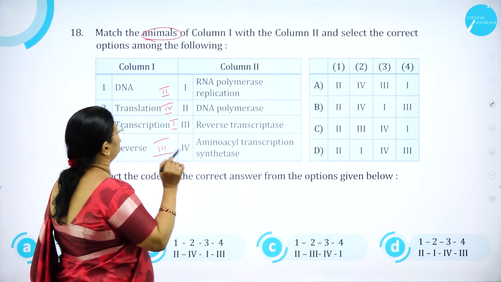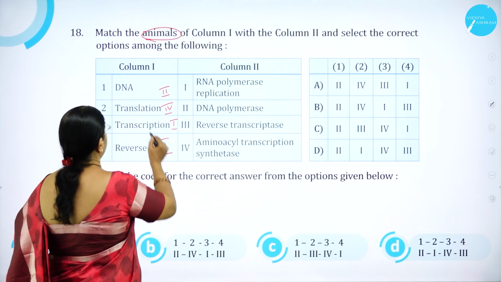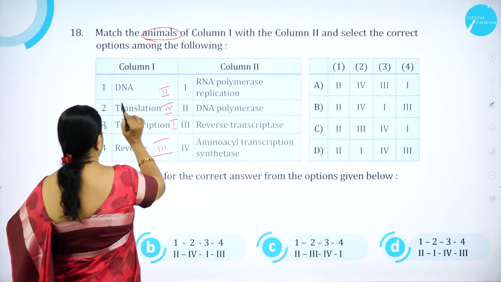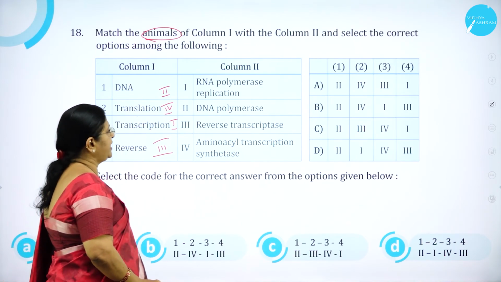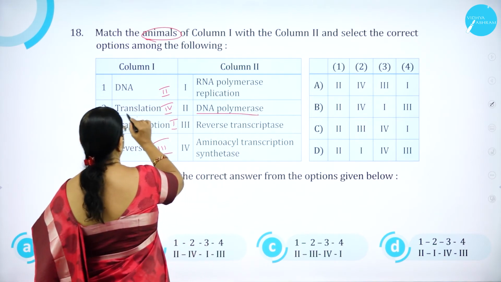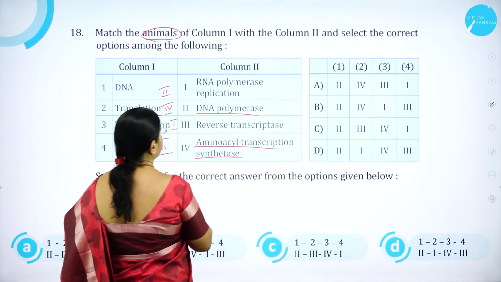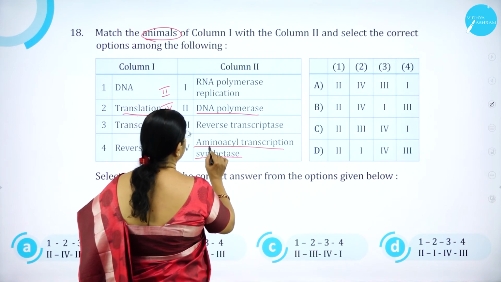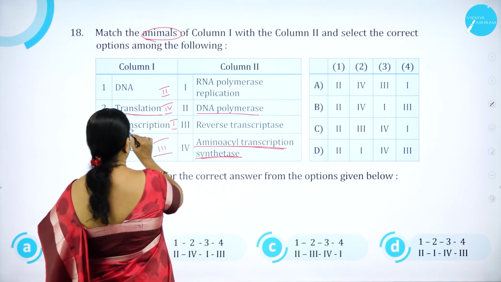So, match column 1 with column 2 and select the correct options among the following. DNA, translation, transcription and reverse. DNA is DNA polymerase. Then translation is aminoacyl tRNA synthetase. The enzyme which is used for translation is aminoacyl tRNA synthetase.